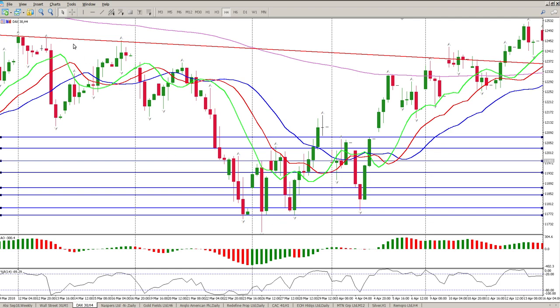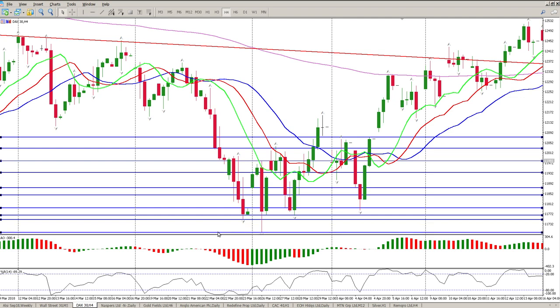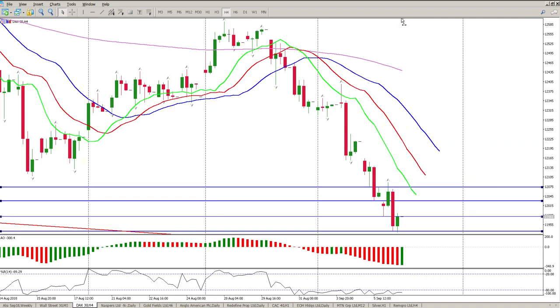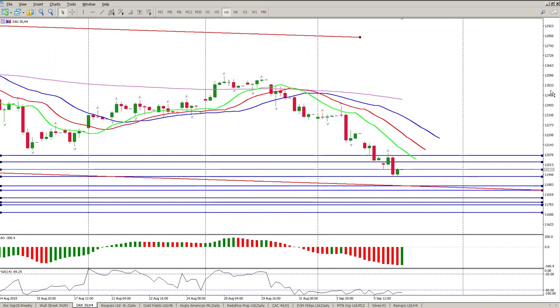And obviously we've got that one, and lastly that low there. So you can see there are a number of potential support points in this massive zone that we're at.